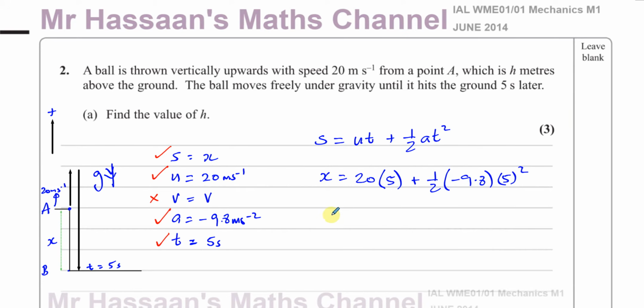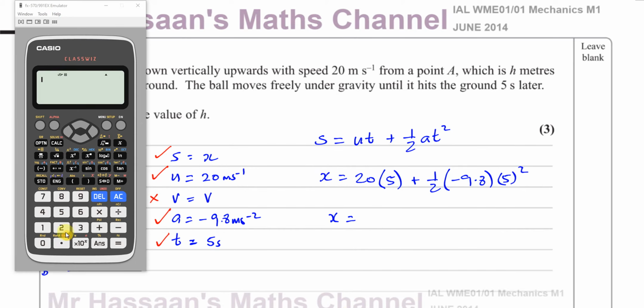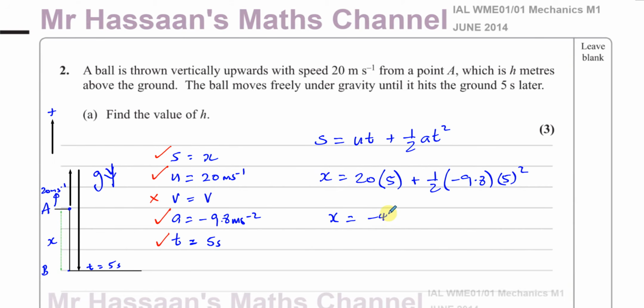And that's going to tell us the value of X. So we have 20 times 5, which is 100, plus 0.5 times negative 9.8 times 5 squared. And that will give us negative 45 over 2. So we can say X equals negative 22.5 meters.